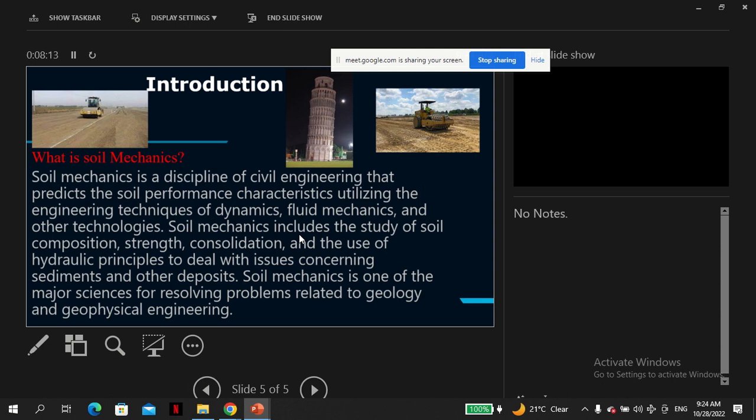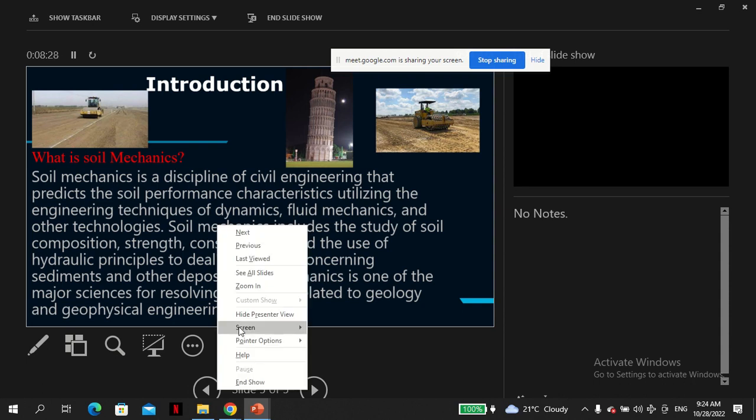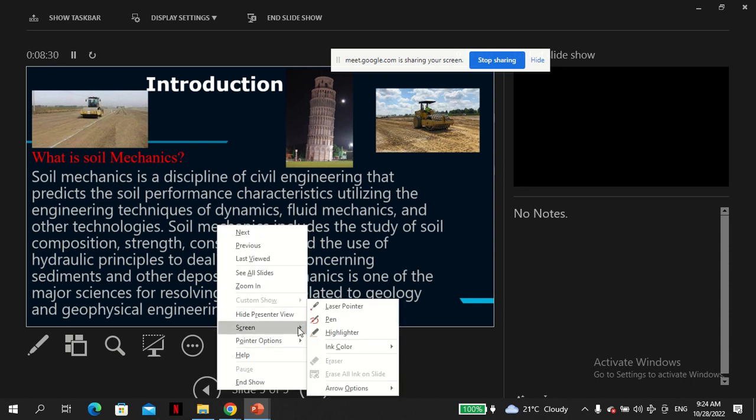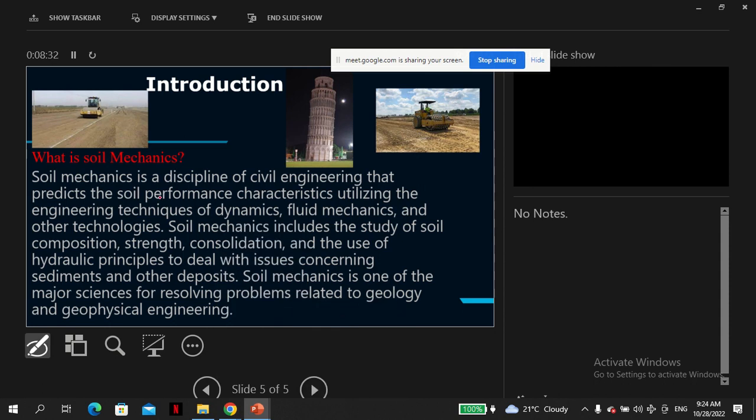Soil mechanics is a discipline of civil engineering that predicts soil performance characteristics utilizing the engineering principles of dynamics, fluid mechanics, and technology.